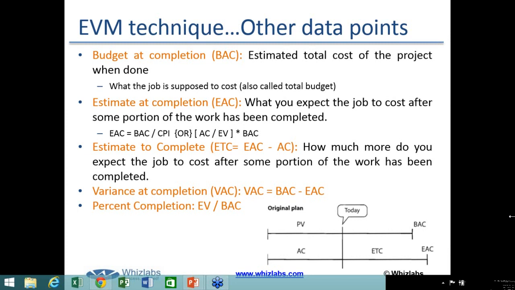Okay. Now, just a few minutes back, I was talking about how you have a budget of $10,000 and you are halfway through. You are at the middle point of the project. 50% of the work has been done. But the problem is you spent more money. You have already spent 80% of the budget.